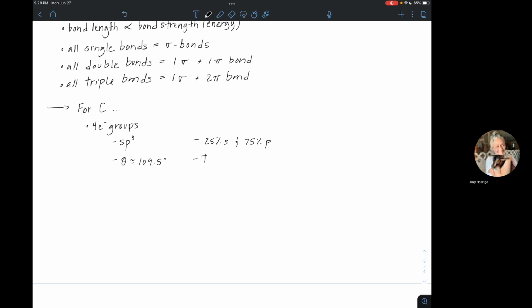And you will have a tetrahedral electron geometry.